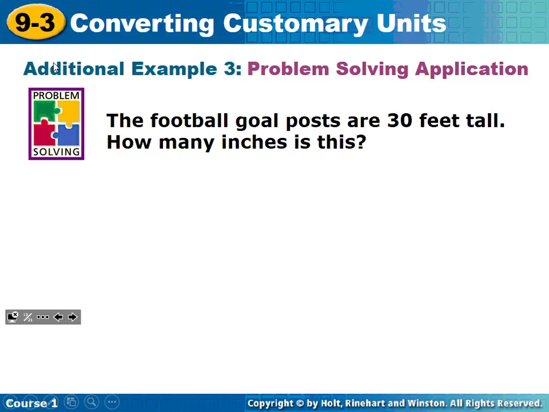Feet to inches. So if we're comparing feet to inches, what do you think the first ratio is going to be? Depending on what we decide to do, if we're going to go feet on top and inches on the bottom, you're going to have 1 foot is 12 inches. There's our first one.